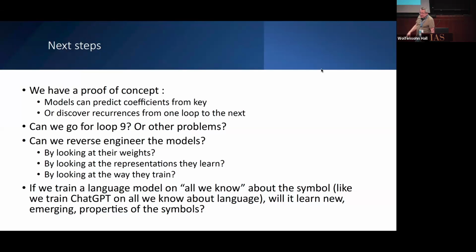Looking at the representation learned by the models is probably a much better idea. So you look at how the model represents the digits. You've seen the nice representation of integers in the symbolic regression case, or looking at how the model represents the keys. Because intuitively, if the model predicts the same value for 2 keys, it's quite possible that the 2 keys lie in the same place in representation space, a high dimensional space.